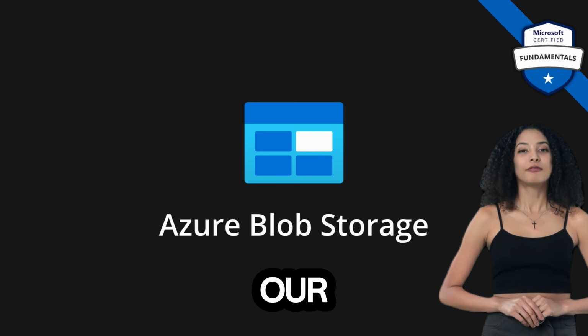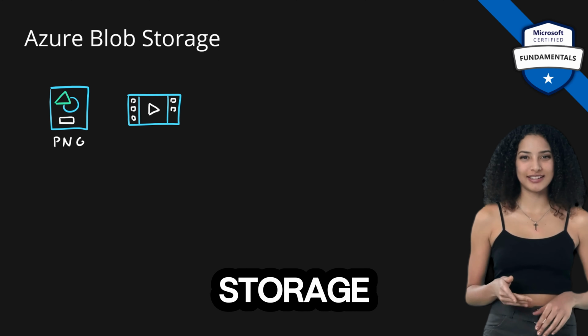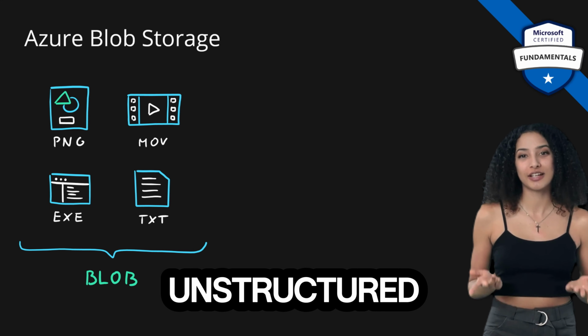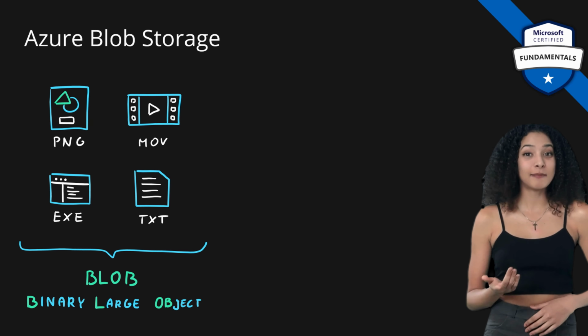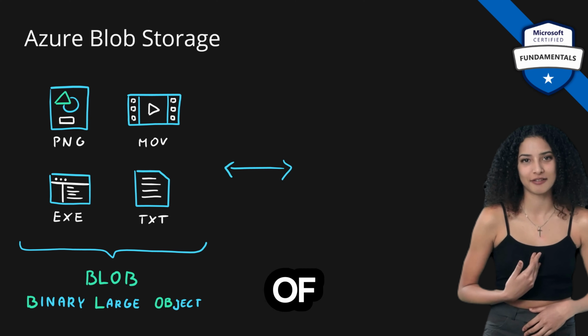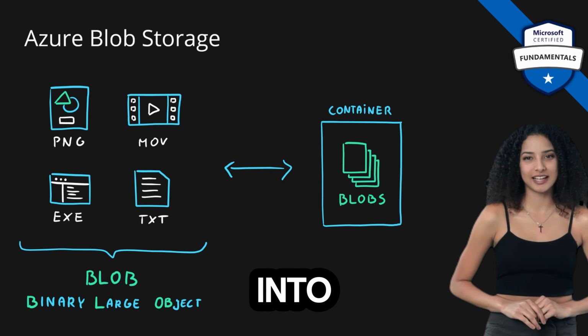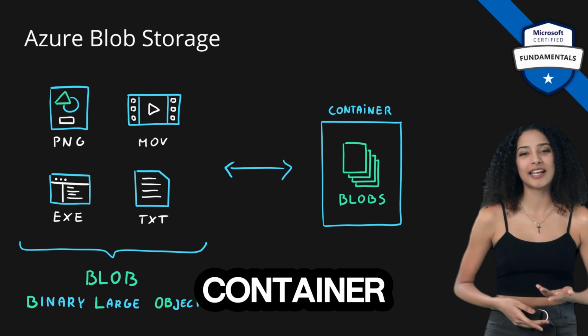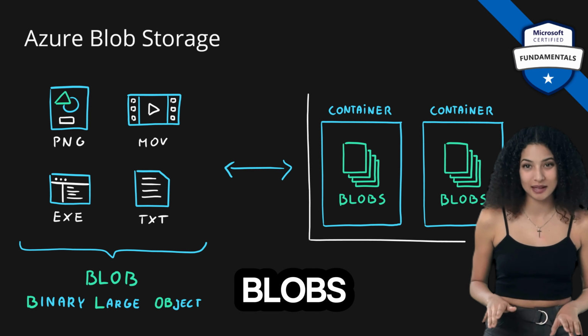Which brings me to our first service, Azure Blob Storage. We were talking about unstructured data, and any kind of unstructured data can be called a blob. Blob stands for binary large object. So any kind of file, you can put those blobs into Azure Blob Storage into something called a container. A container is just a bucket for multiple blobs.